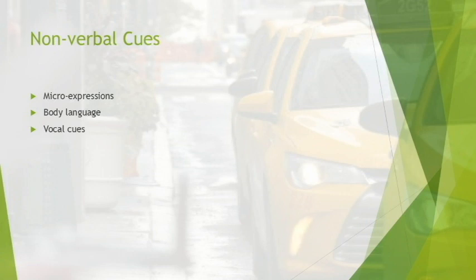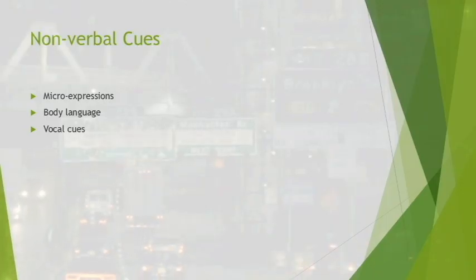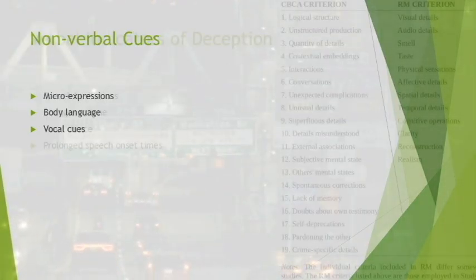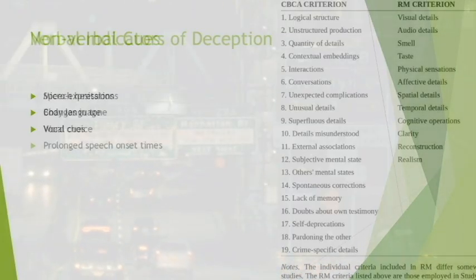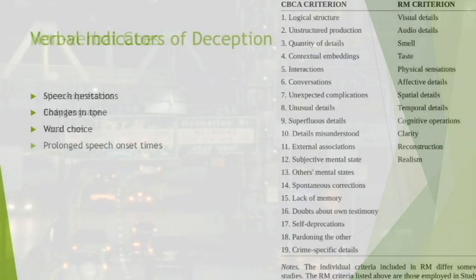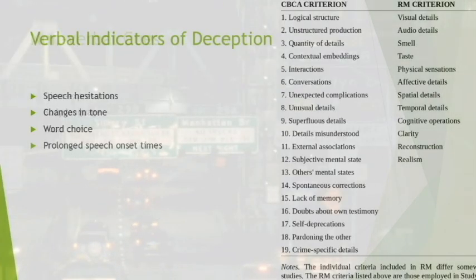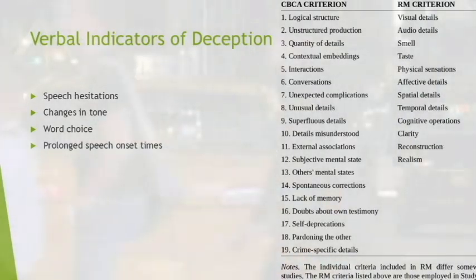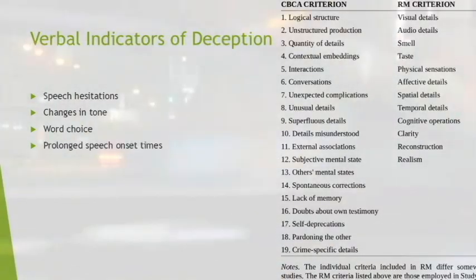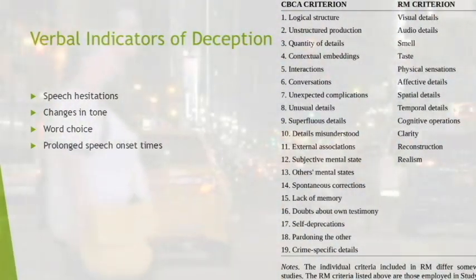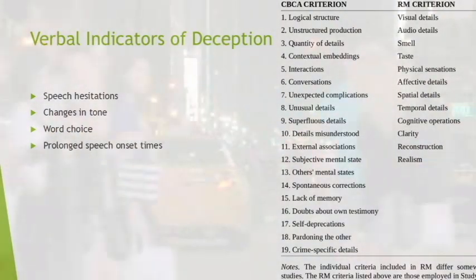Now, I want to go on and talk a little bit about verbal indicators of deception, because this provides some real insight into the structure of language and how the cognitive load and the psychological processing underlying deceptive communication finds itself being expressed. Firstly, we examine linguistic cues associated with lying, including speech hesitations, changes in tone, and word choice.